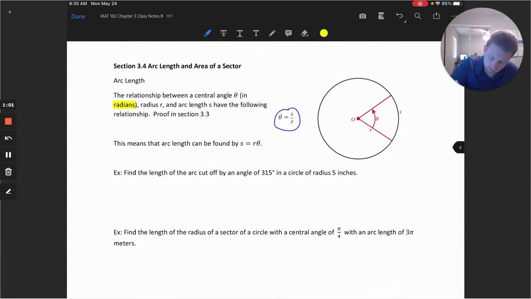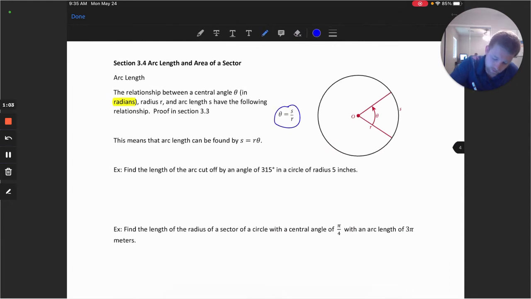If this radius equals 1, we would have that the theta angle is equal to the arc length divided by 1, or just the arc length in radians. So that's a special property that we can keep in mind.